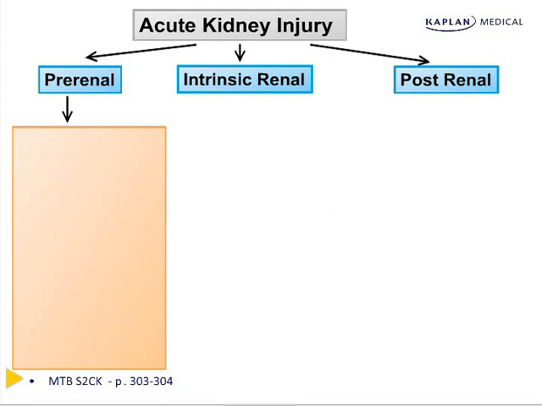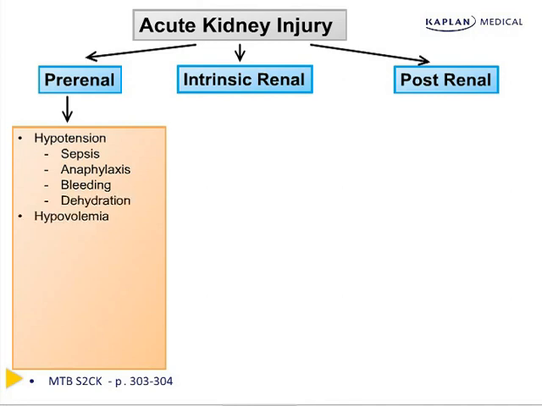Under the umbrella of prerenal causes, what all of these have in common is that the kidney sees a decrease in effective circulating volume. This can happen in the setting of hypotension for various reasons, such as sepsis, anaphylaxis, bleeding, and dehydration. It can also be seen in the setting of hypovolemia.